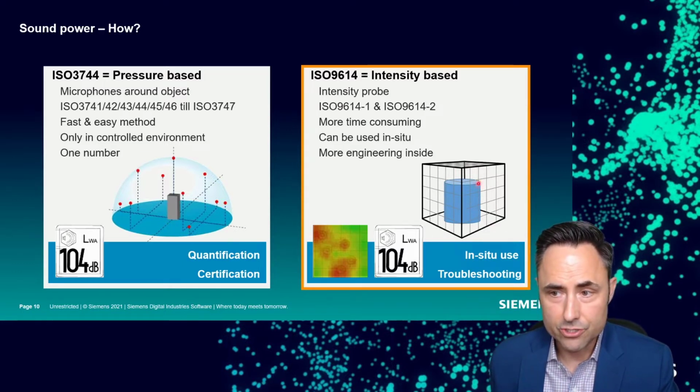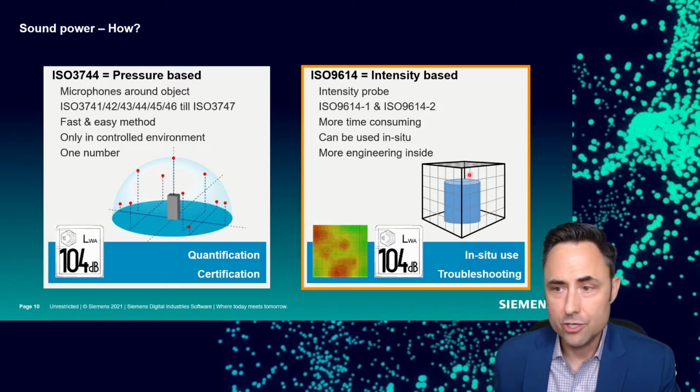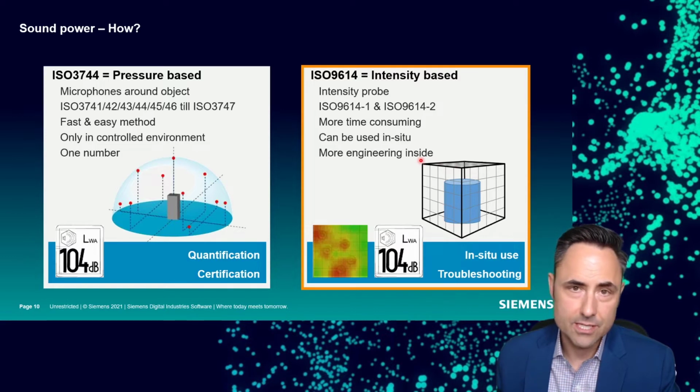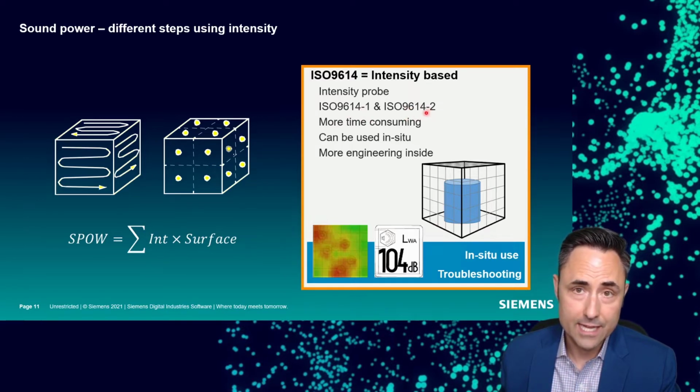You'll see these meshes around a sound intensity test. Usually these are string or wire frames that you can use to give you a visual guide for where you should be making your intensity measurements. As we do this, we actually have two options for the ISO standard. You see this ISO 9614-1 and ISO 9614-2.